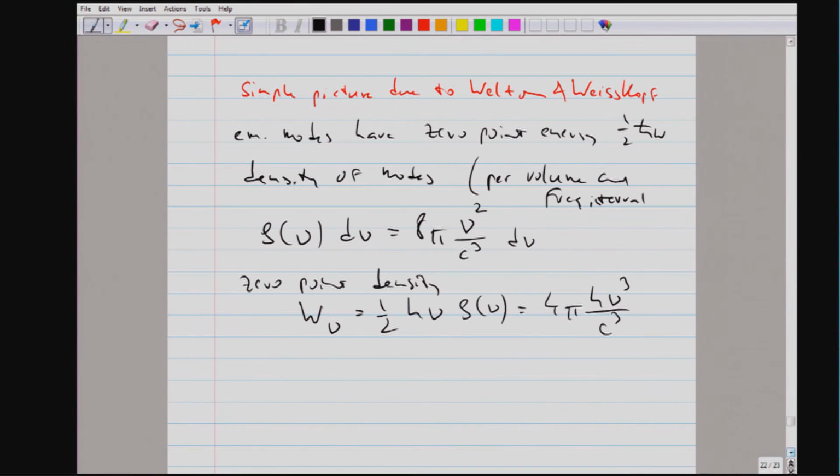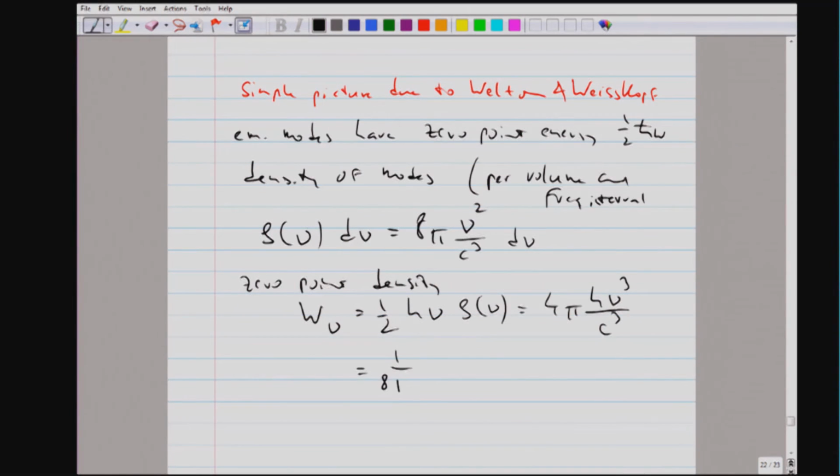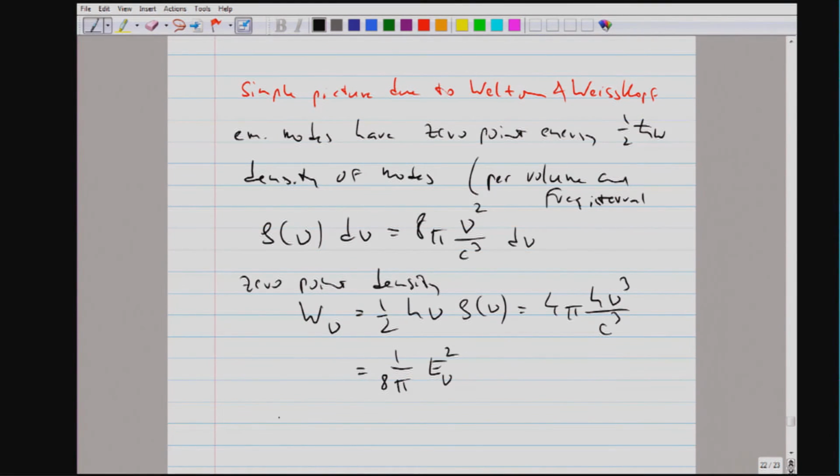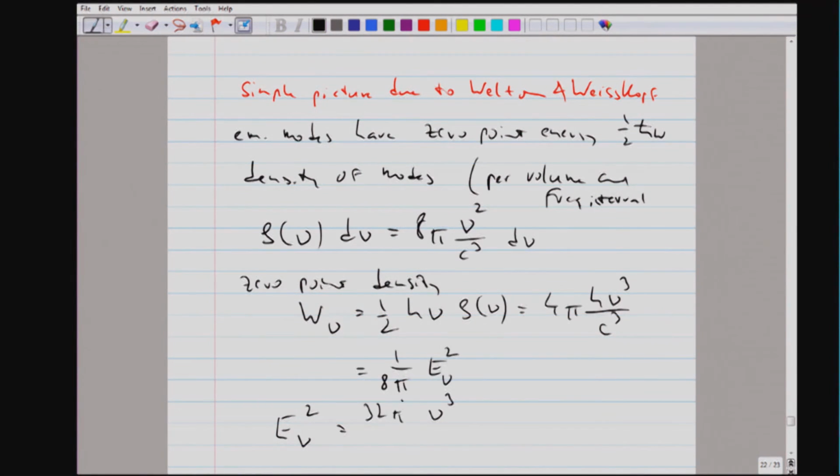And since we want to introduce the electric field, the energy density of the electric field is proportional to E squared. So therefore, what we derive from this picture is that the vacuum is filled with an oscillating electric field. And this oscillating electric field is characterized by a spectral density E squared, which is proportional to nu cubed. And if I collect the constants h and speed of light, it's this.